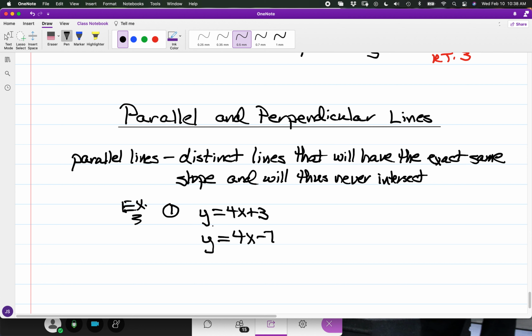And notice the lines are different because we have different y-intercepts. But for what we have in the pair, we've got the same slope, which in this case is m is equal to 4. Lines are different from each other, and so the lines are going to be parallel.